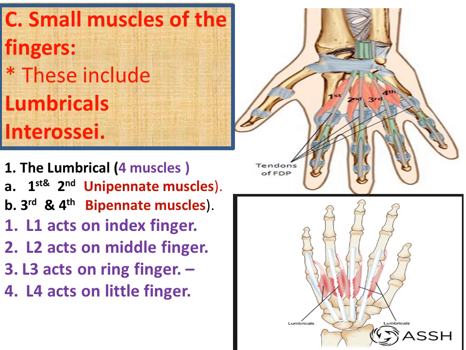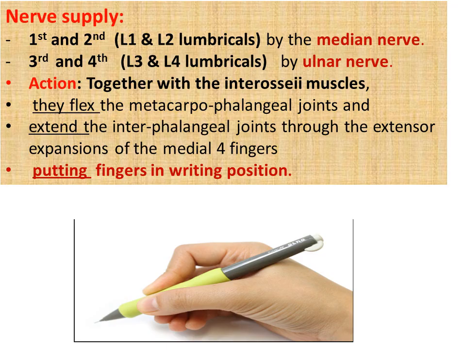The first and second lumbricals are unipennate muscles, while the third and fourth lumbricals are bipennate muscles. Nerve supply of these lumbricals: first and second take nerve supply from the median nerve, while third and fourth take nerve supply from the ulnar nerve. This is an important MCQ point.